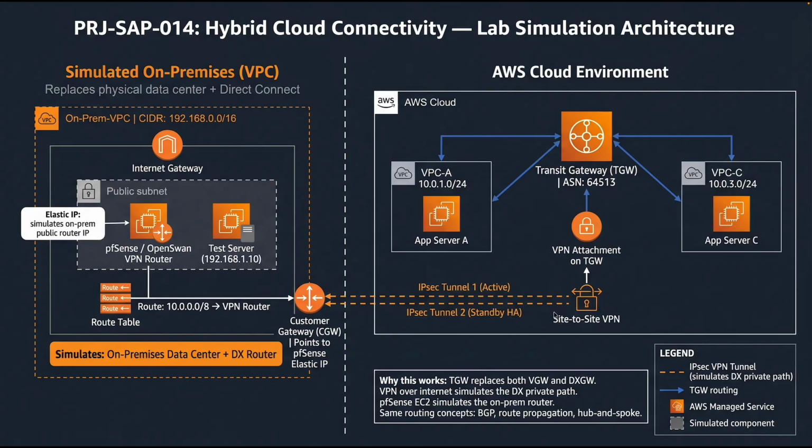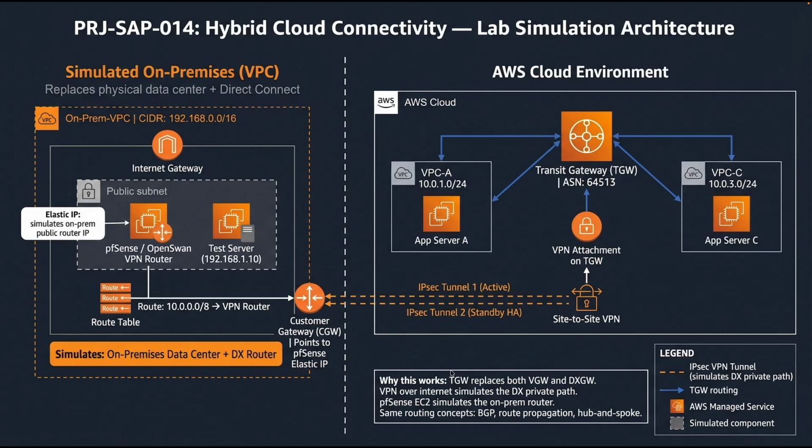So this routes for us, and we don't need to configure the virtual private gateway and the Direct Connect gateway. And the VPN over internet simulates the Direct Connect connection because we have two IPsec tunnels created for us.